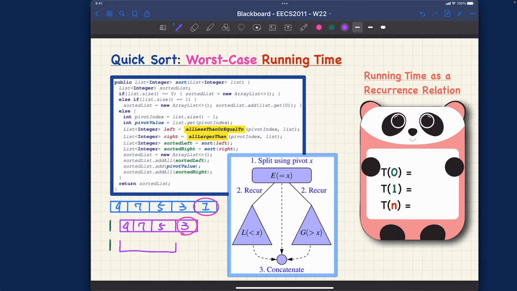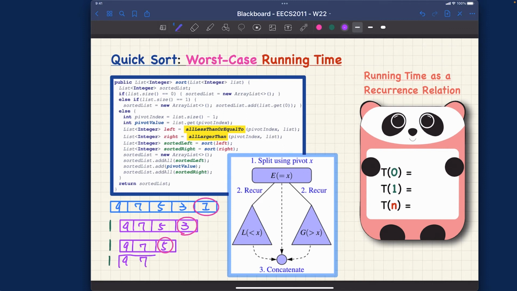That's what we're going to get: 9, 7, and also 5. You can see the trend over here. Let's finish that to really make sure you are impressed by this kind of unbalanced left and right. Let's say we choose the rightmost again, 5. In that case, we get an empty left list, and we got 9 and 7.